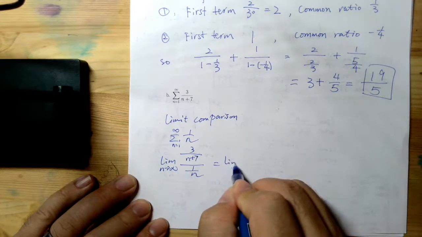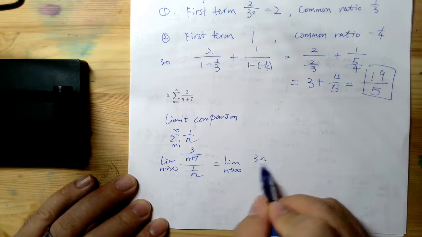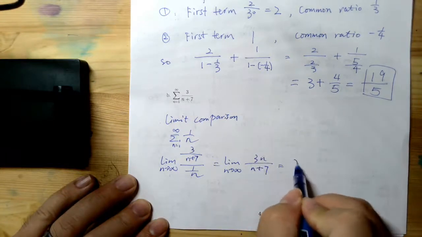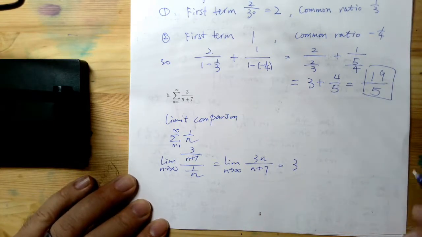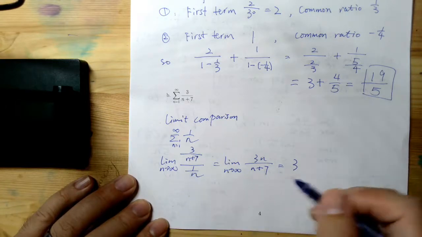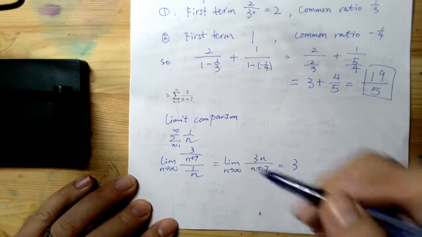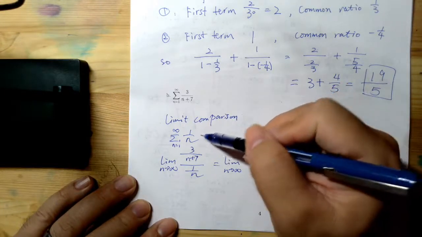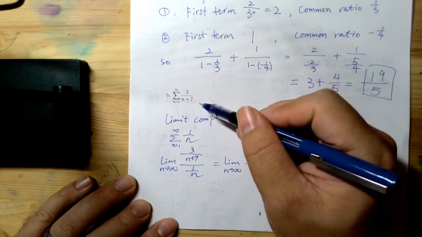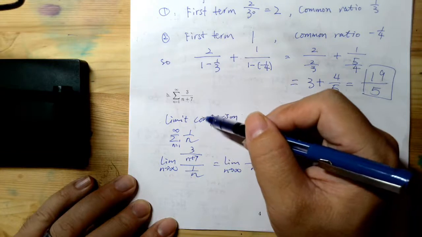equals the limit as n goes to infinity of 3n over n plus 7. This turns out to be 3. Based on the limit comparison test, if this limit exists, then both series have the same convergence or divergence property.